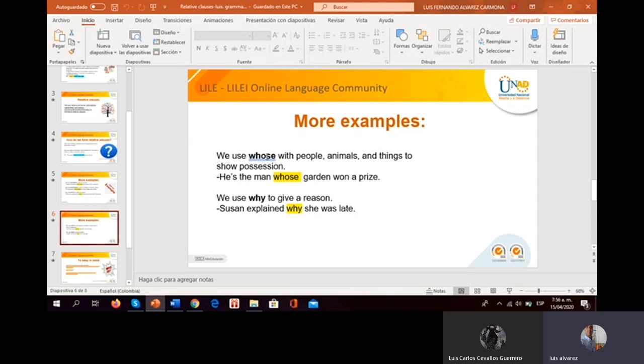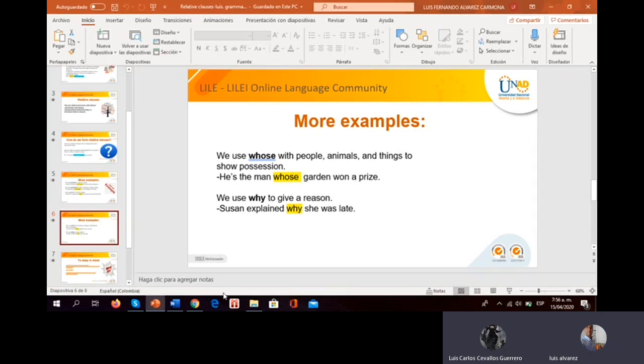This more example, read it please, Luis. Yeah, teacher. We use whose with people, animals, and things to show possession.